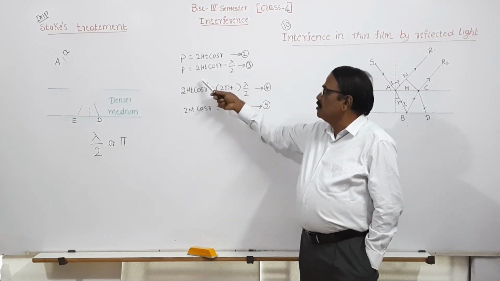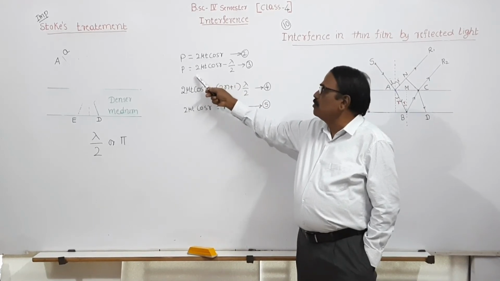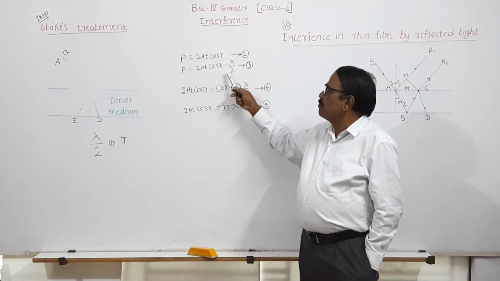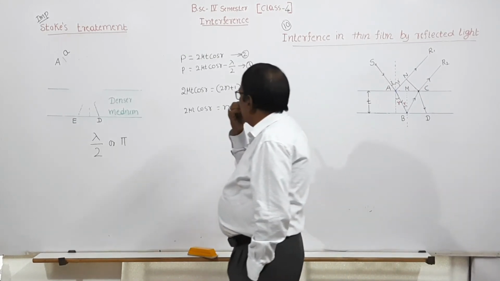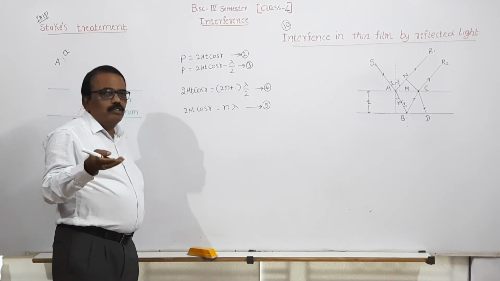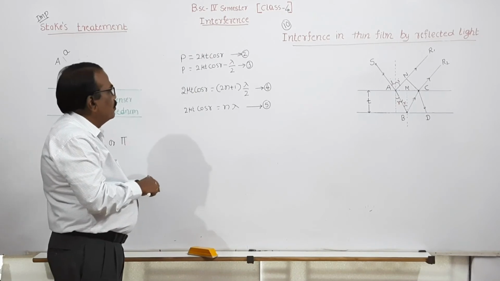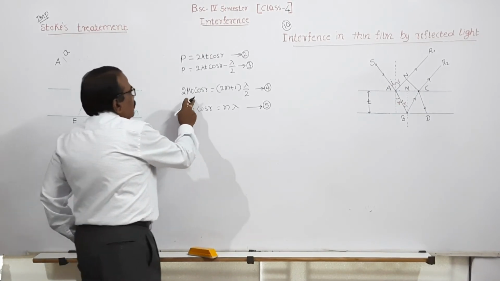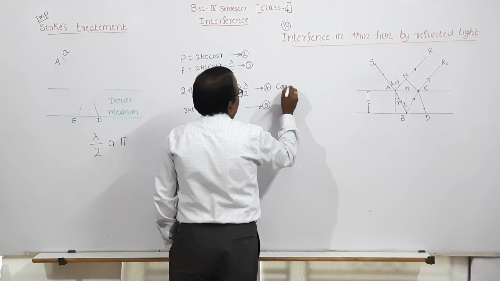By considering this, we have written the exact path difference p is equal to 2 mu t cos r minus lambda by 2. Then we know the condition when the constructive interference takes place and destructive interference takes place. We have used the condition n lambda, we got this is the condition for constructive interference.